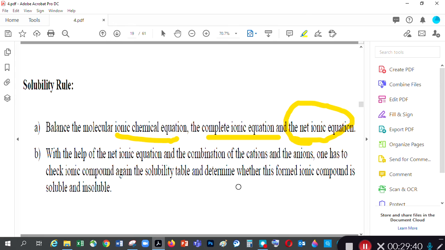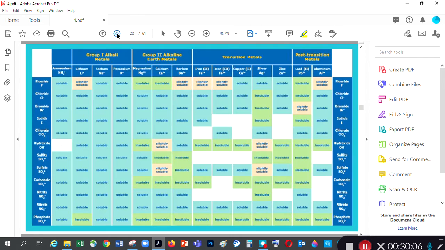If the table says it is slightly soluble or insoluble or highly soluble, then if this is a precipitate, it will be insoluble, of course. So with the help of the net ionic chemical equation, that's the key, and the table we just went through, you can determine the solubility of the compound or molecule produced.